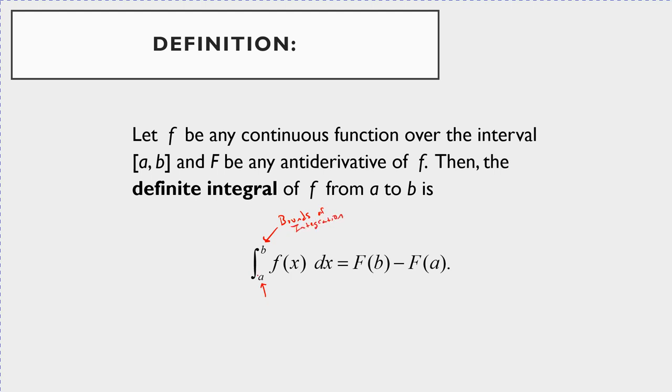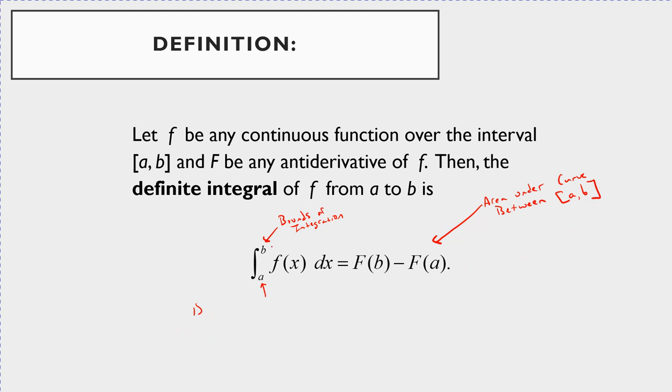You integrate from a to b, f of x dx, which is equal to F of b minus F of a. And again, this is the area under the curve between a and b.